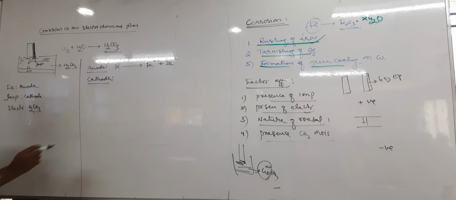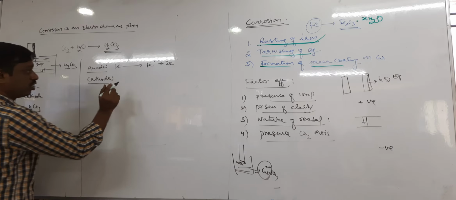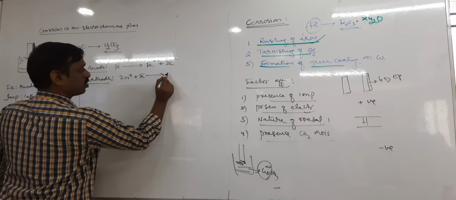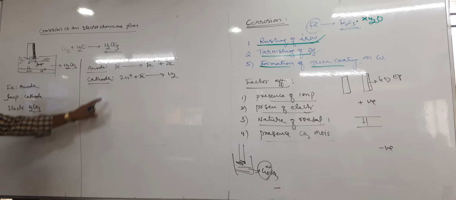Therefore here, which is the electrolyte? H2CO3. That means H2CO3 contains H plus ions, no? So what is the reaction at cathode? 2H plus 2 electrons gives rise to H2. So at cathode, hydrogen gas is liberated.